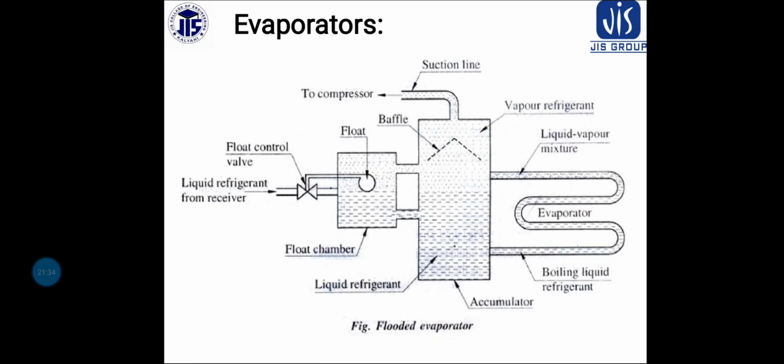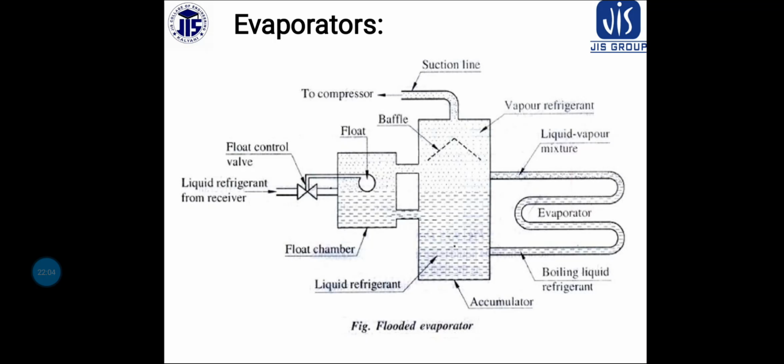Okay, so these evaporators give a high rate of heat transfer as the whole surface of the evaporator coil remains in contact with the liquid refrigerant. These are bulky in construction and require a large amount of refrigerant for their working.